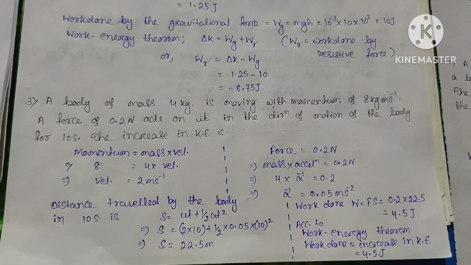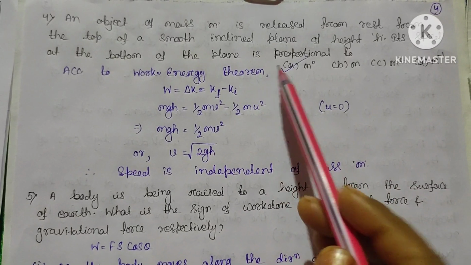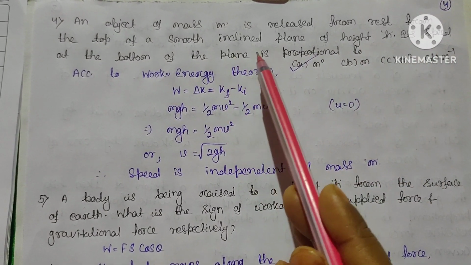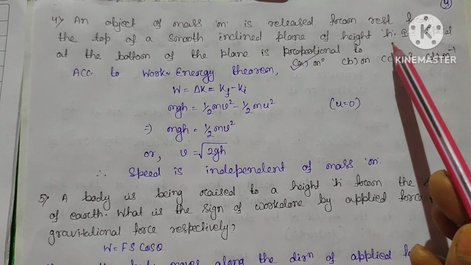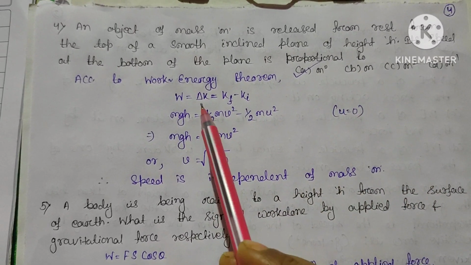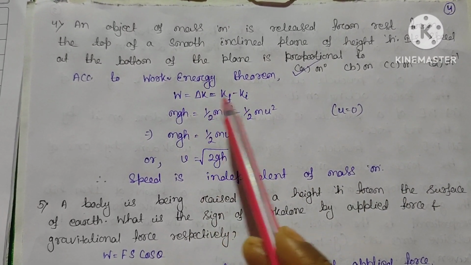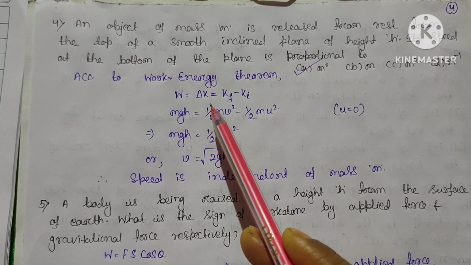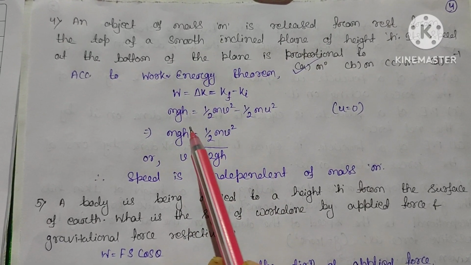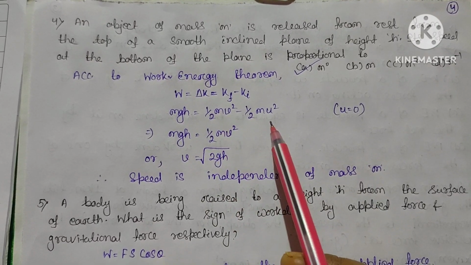Okay. The next question is, an object of mass m is released from rest from the top of a smooth inclined plane of height h. Its speed at the bottom of the plane is proportional to? We know from the work-energy theorem that the change in kinetic energy is the work done. So this work done, that is mgh, will be equal to half mv square minus half mu square.